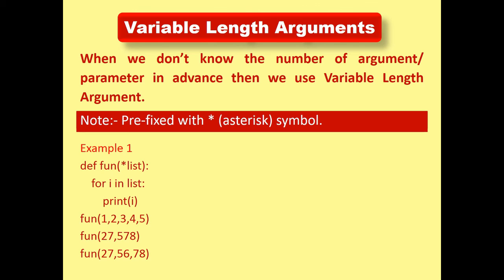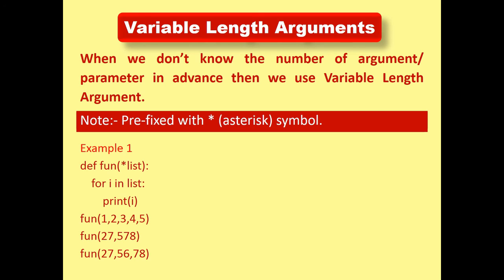That is a list, but because it is prefixed with an asterisk symbol, it automatically accepts n number of values from the function call, and with the help of a for loop, it begins with the value of I in list. It means it displays all the values in the sequence which is stored in the list. It means it displays 1, 2, 3, 4, 5.